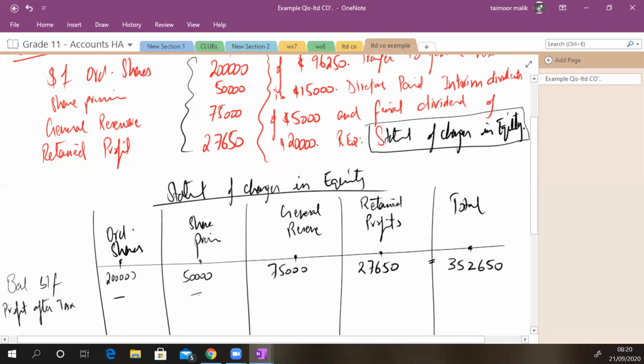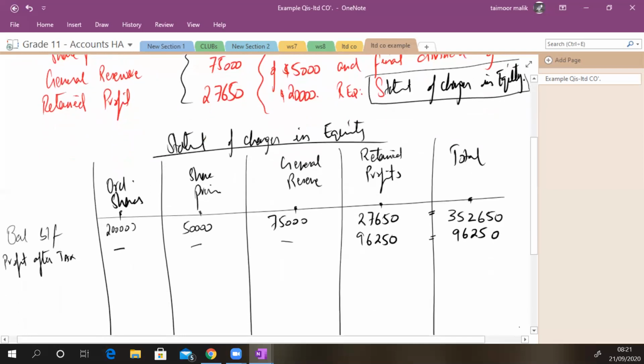Share premium will change with the issue of premium on shares. General reserve will change once anything is transferred to general reserve. So the profit for the year would be added in the previous profits. The impact of this line on total is 96,250. Okay. Profit for the year will be added in retained profits.